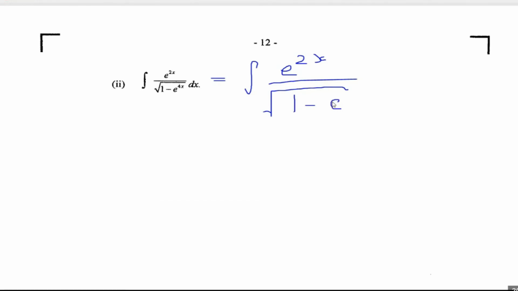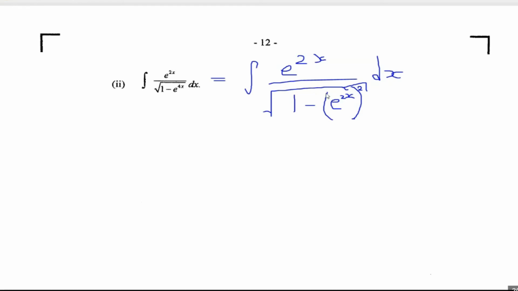How can I write e to the 4x with something as 2x? It's really 1 minus e to the 2x, squared, dx. I was looking to see if it's going to be something with sine inverse. So this looks like it can be something with sine inverse of e to the 2x.